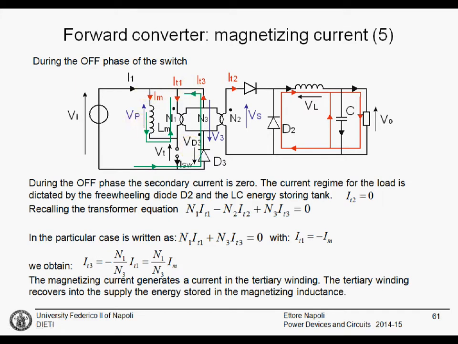In principle, this process could also be 100% efficient. In reality, there will be losses. This is another motivation for minimizing the magnetizing current. It will reduce the power efficiency of the entire circuit.